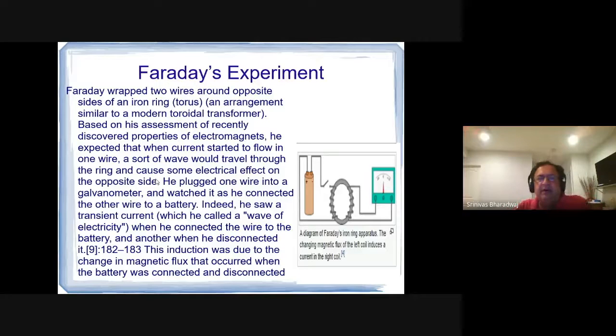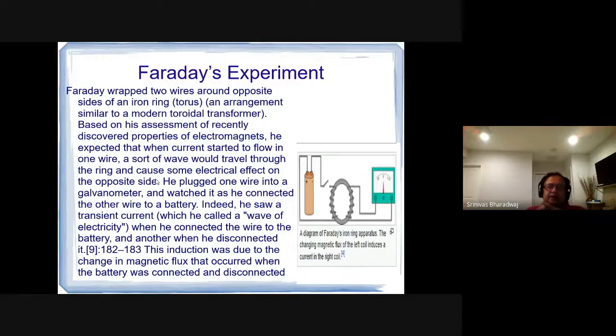If you all remember, we had two laws in the previous chapter in magnetostatics. The first law was that a current carrying conductor in a magnetic field will experience a force I times L cross B. So a current carrying conductor experiences a force.